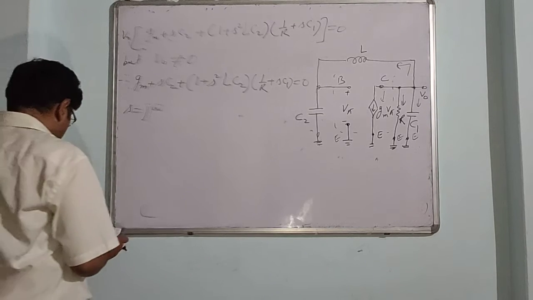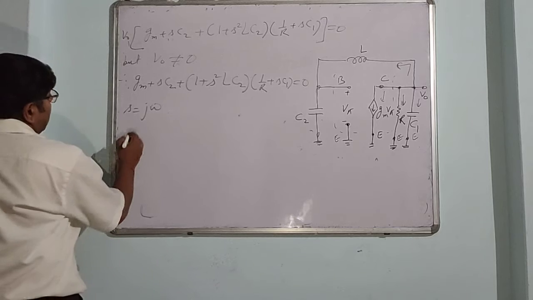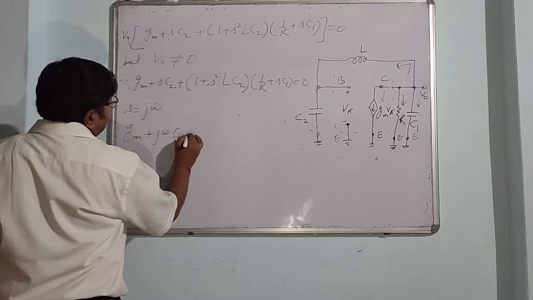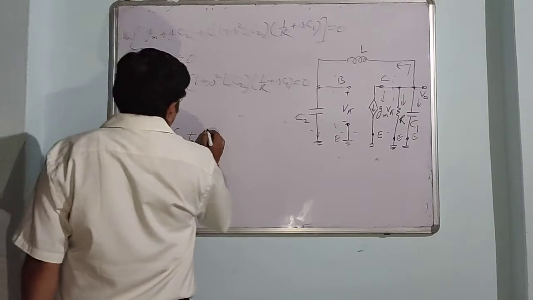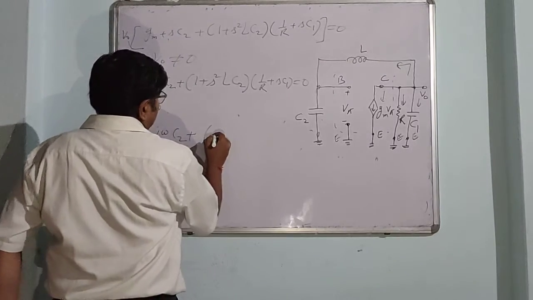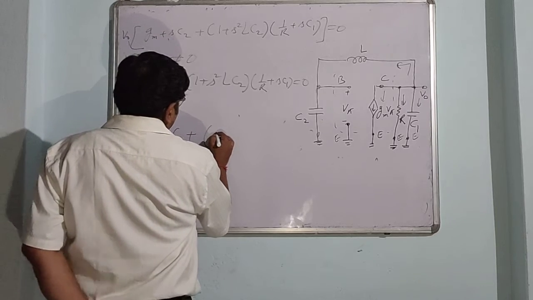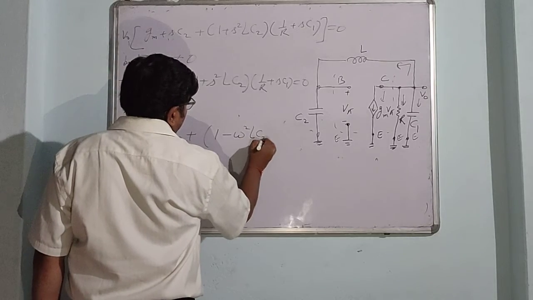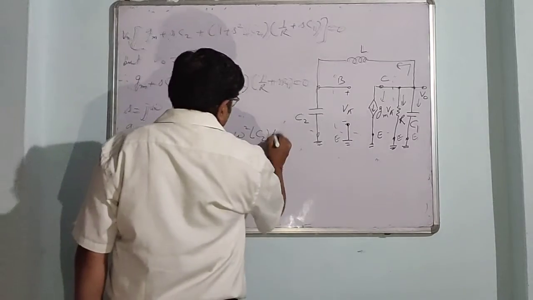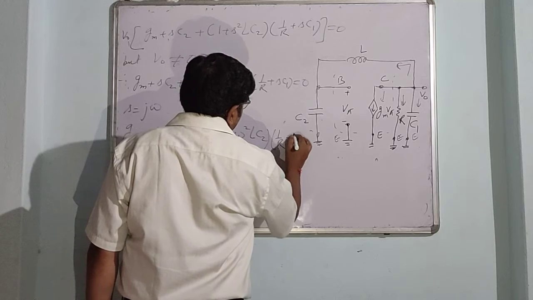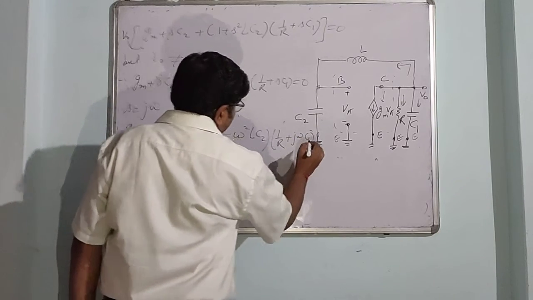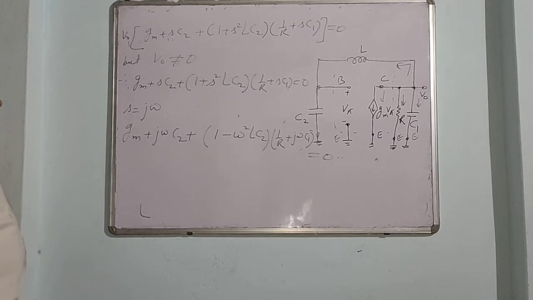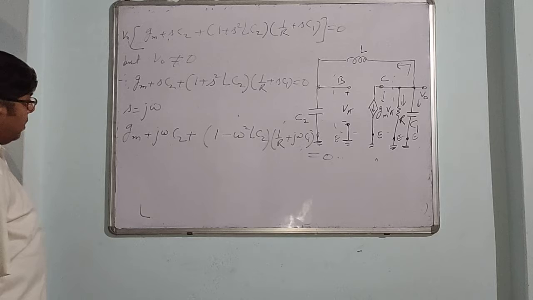Then you can see this is Gm plus j omega C2 plus, what is this value? 1 plus S square, that is 1 minus omega square Lc2, and this is 1 upon R plus j omega C1. This is equal to 0. Now you can separate real and imaginary parts.